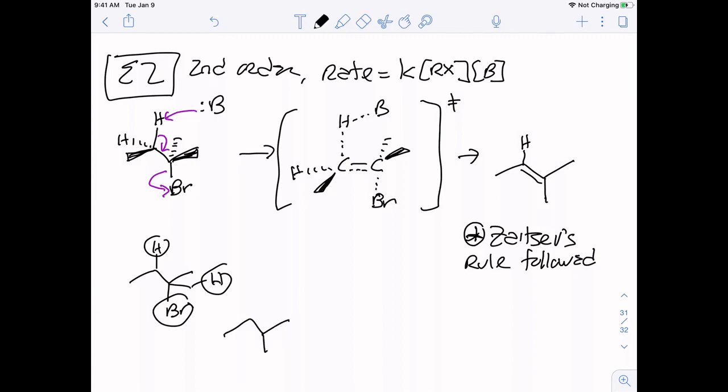It is possible to do something like that, which is the same as doing it that way, but those are possible products. These would be our minor products. The one up top here, I'm going to take that off just so it looks more normal when we draw a skeletal structure. This one here is my major product.